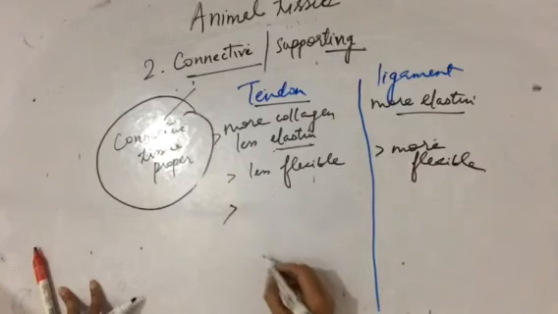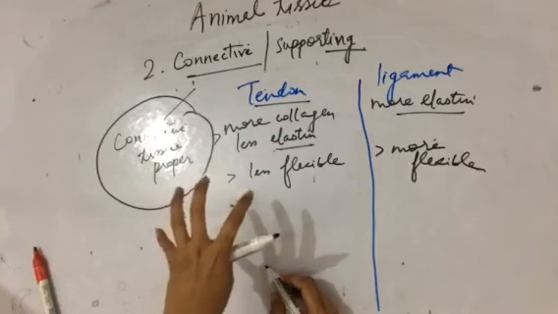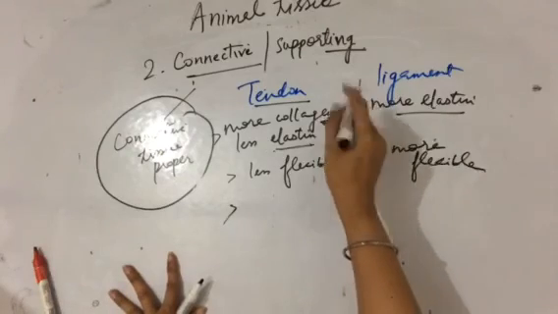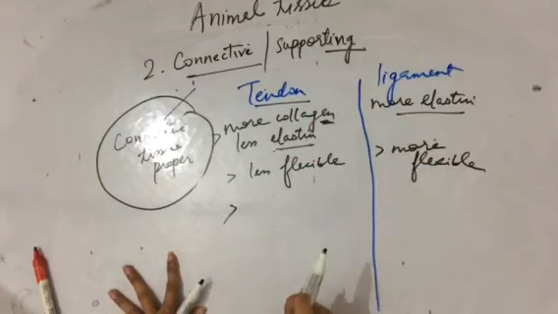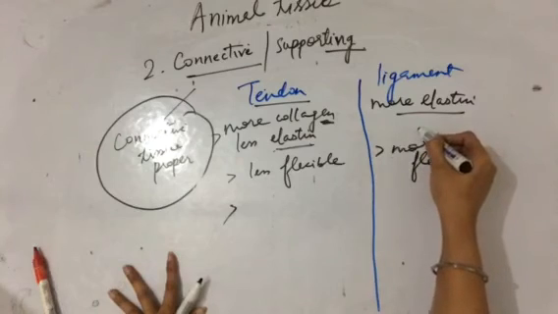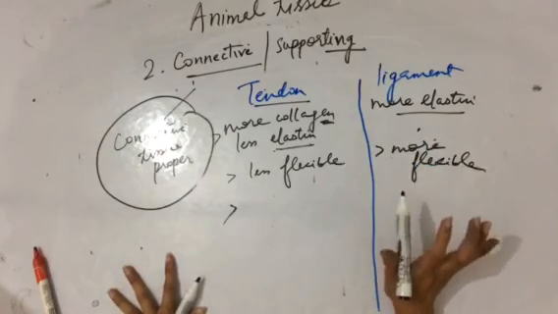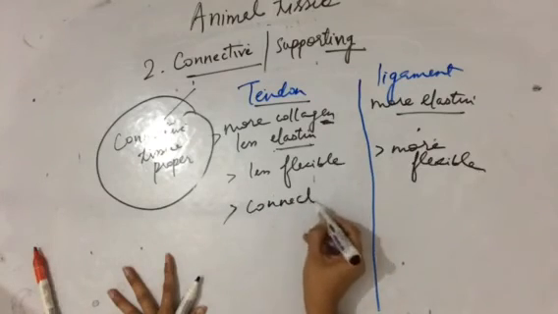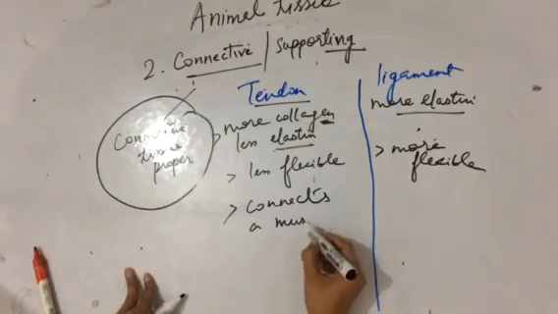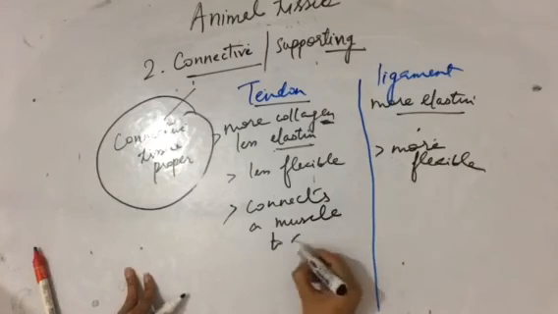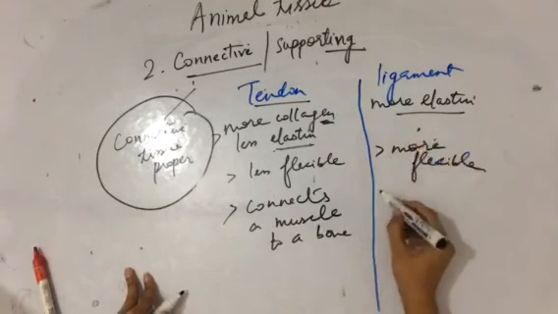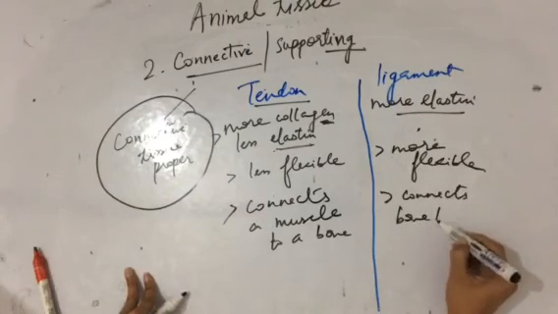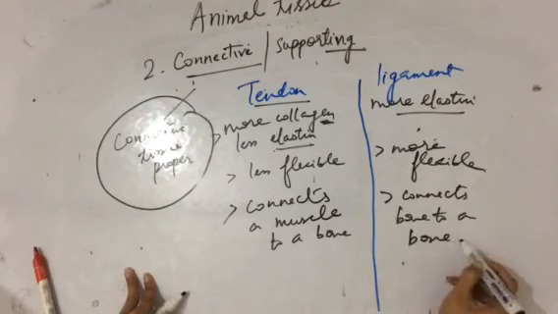Alright. Number 2 is that tendons, because more collagen is there, are more strong. Less collagen, less strong. Okay. Number 3 will be, this tendon connects a muscle to a bone, while this ligament connects bone to a bone. Okay.